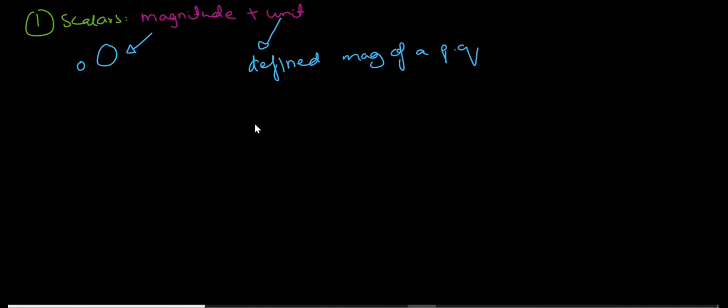Now, what does that mean? Suppose your physical quantity is length, and a unit for length would be meter. Now, you know that meter never changes. It has been defined. It's a defined magnitude for the physical quantity of length.